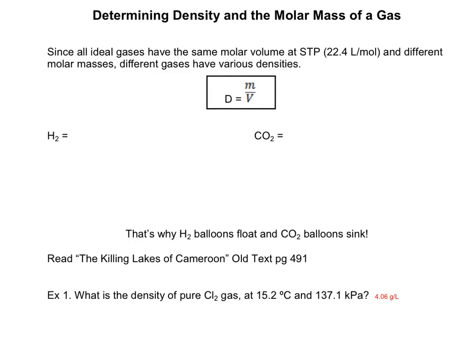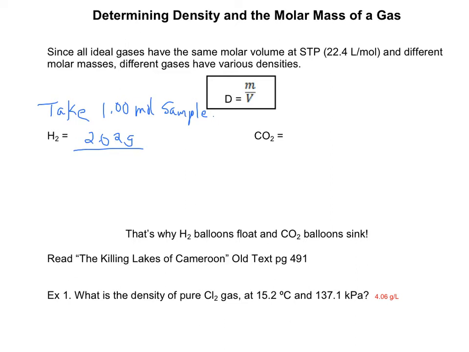Let's do some example calculations. In order to calculate the density of hydrogen gas at STP, let's take a fictitious 1 mole sample. The mass of 1 mole of H2 gas would be equal to the molar mass of the formula, which is 2.02 grams per mole.